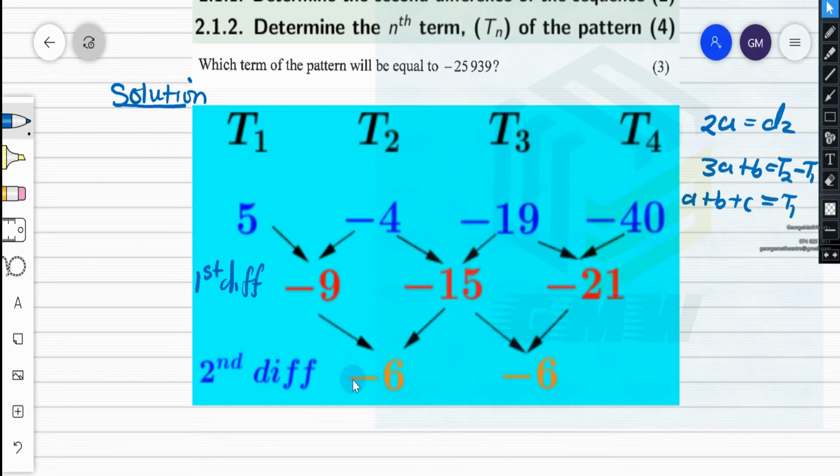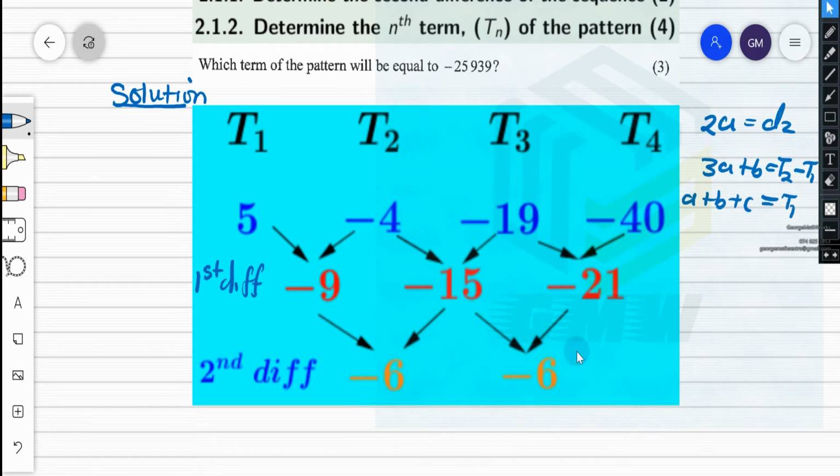As it is clear here, the second difference of a quadratic number pattern, not just this one, but any number pattern that is quadratic, will always be common. Like I say, there is a common answer after this difference, which means there is a common difference here.